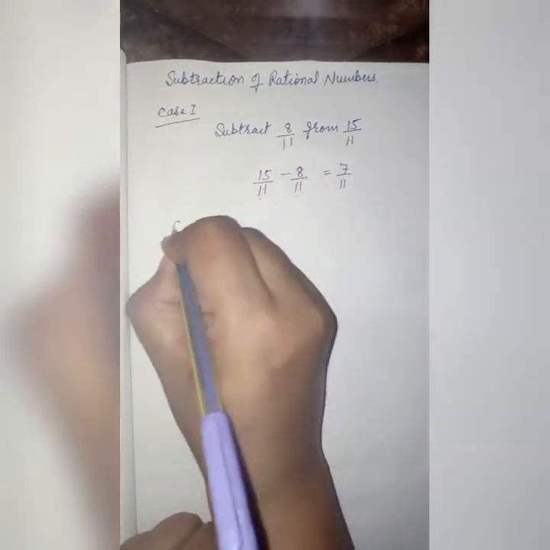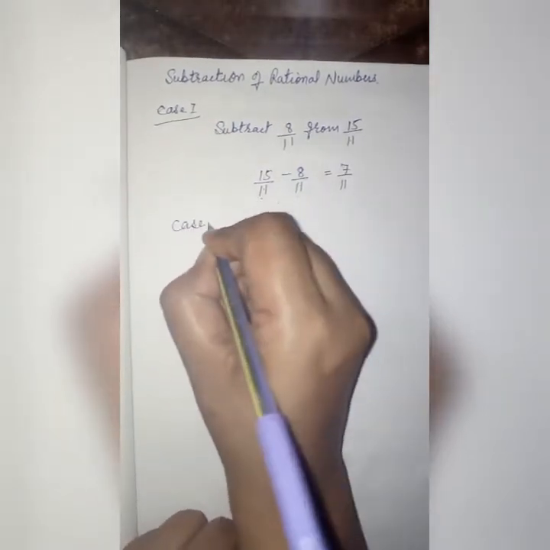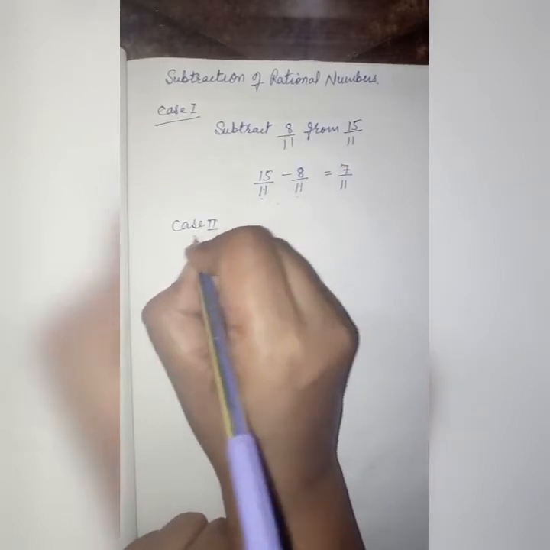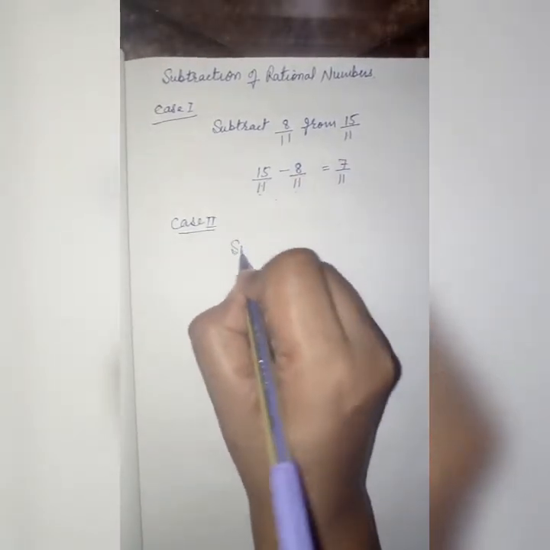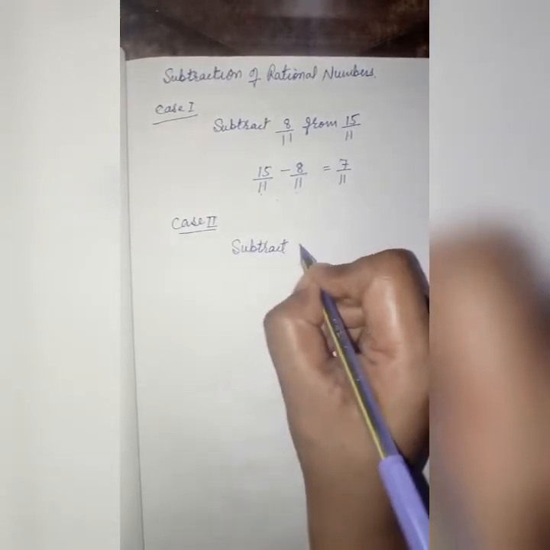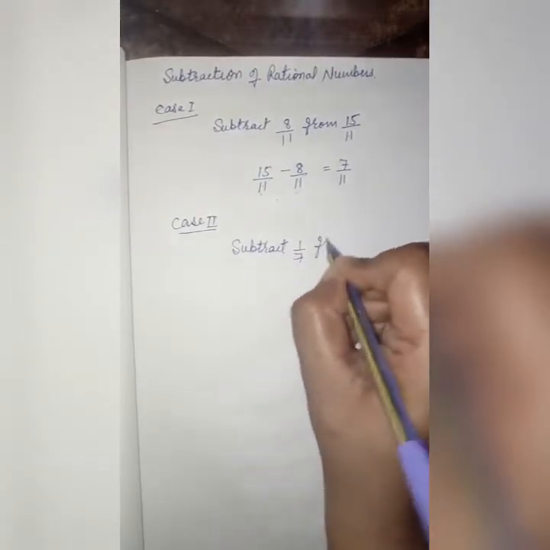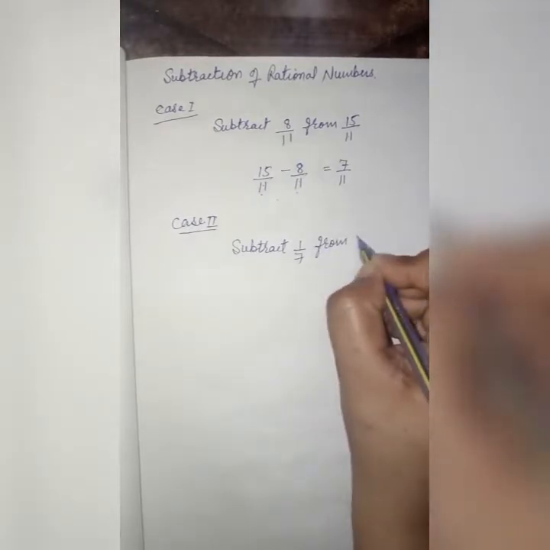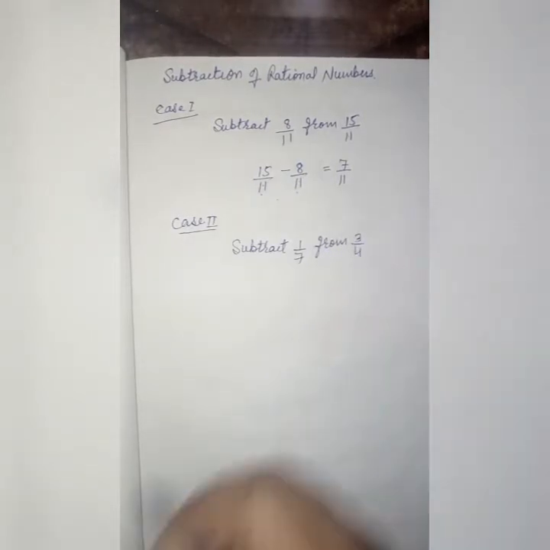This is the answer. And case 2, if denominators are different. Here subtract 1 upon 7 from 3 upon 4.